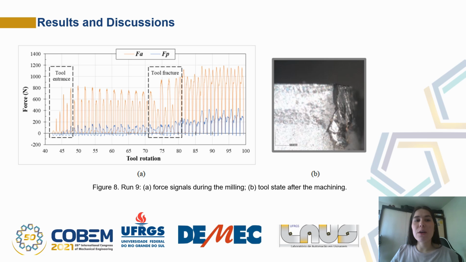Run 9 stood out in the experimentation for presenting strong stability vibrations in the end milling process. As a result, severe chipping on the thread occurred during cutting. However, the data samples were considered before fracture.